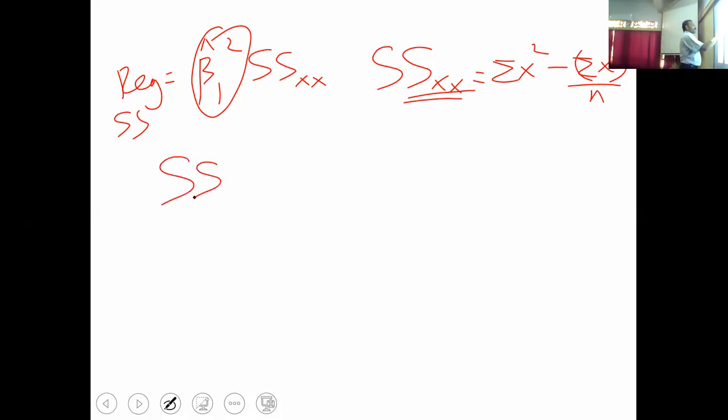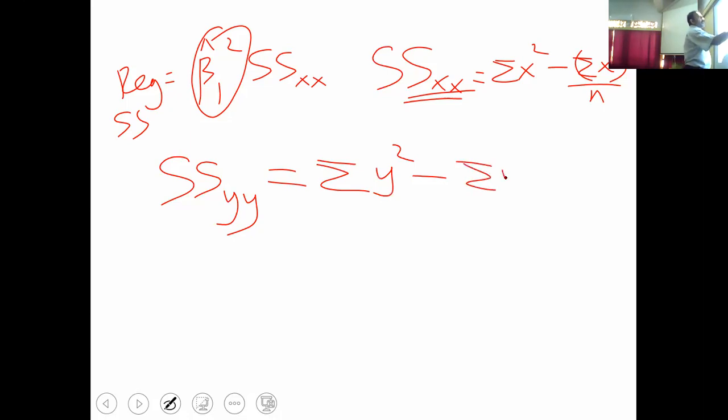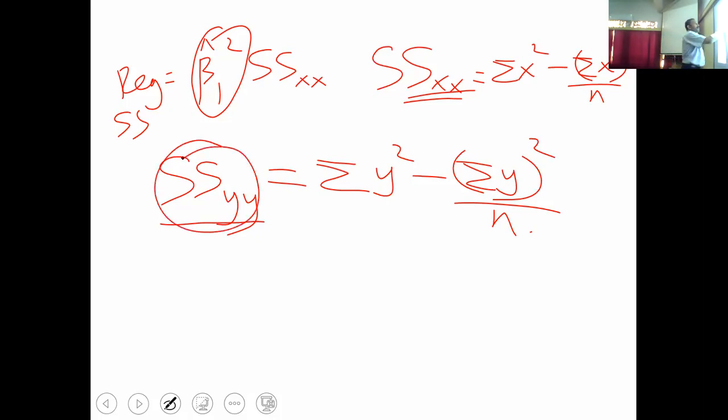What is the sums of square of y? It is the same: summation y square minus summation y whole thing square divided by n. So you can find these values, right? The sums of square of y and the sums of square of x. Those are the things that you need, nothing else.